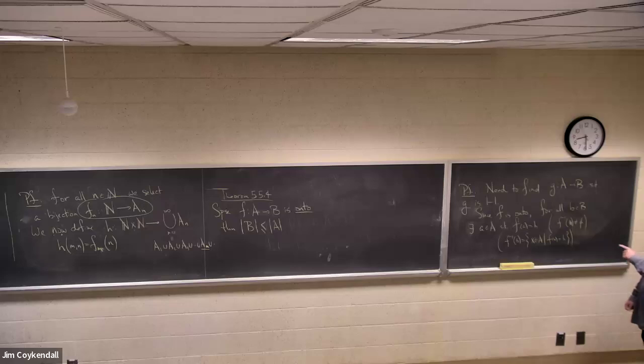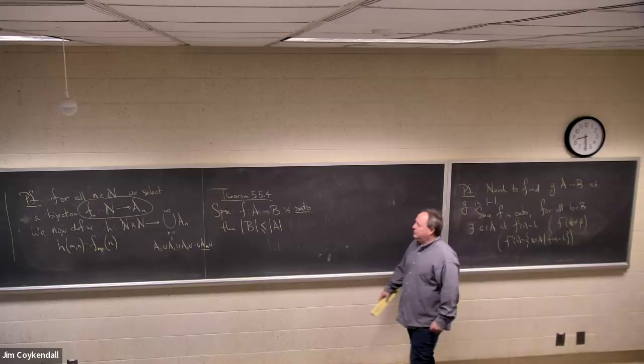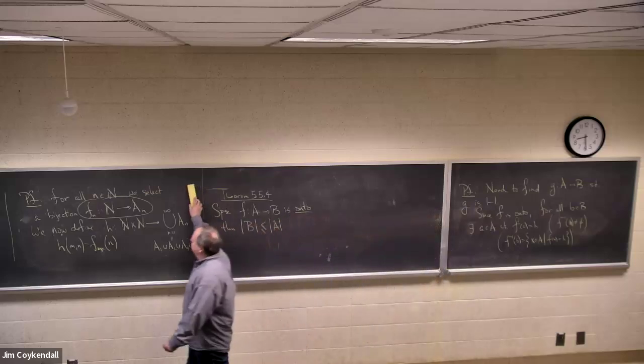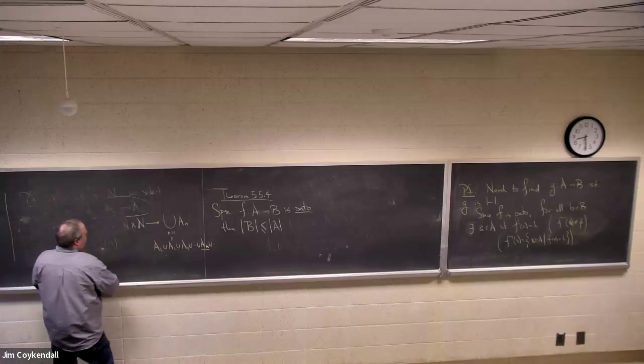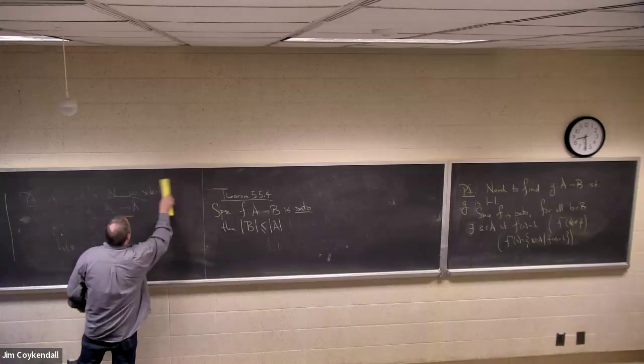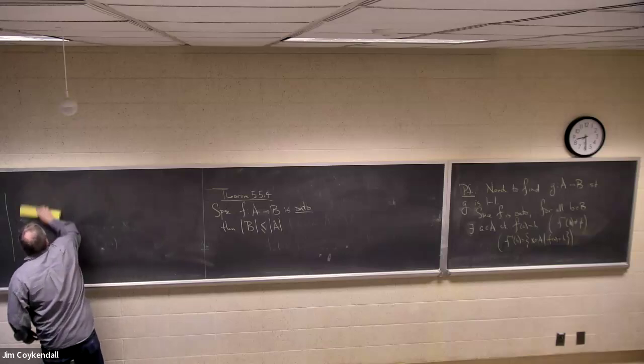Given anything in the codomain, it's in the range. That is something in A, right? So this is not part of my proof. This is just me attempting to illustrate.